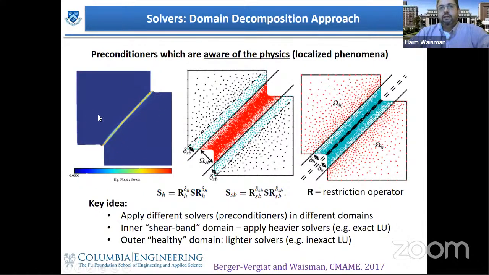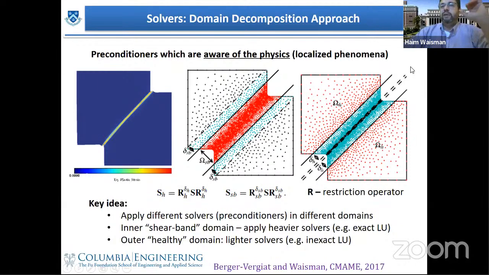Imagine that we had here the shear band that is formed. We will define a domain here where the shear band is formed, and then we can have essentially two different domains in the problem, right?